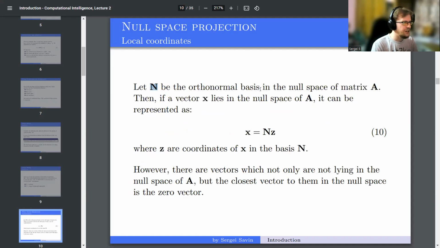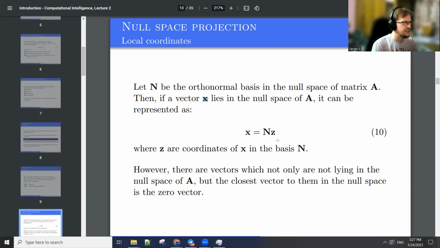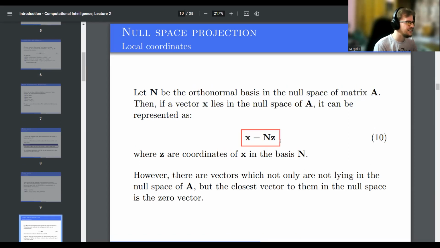So let N be orthonormal bases in the null space of the matrix A. Then, if vector x lies in the null space of A, it can be represented as x equals to Nz.